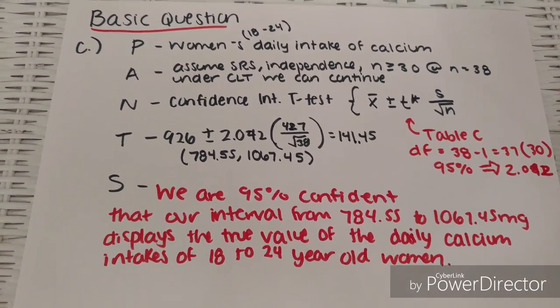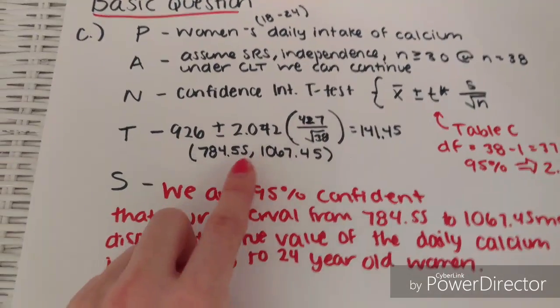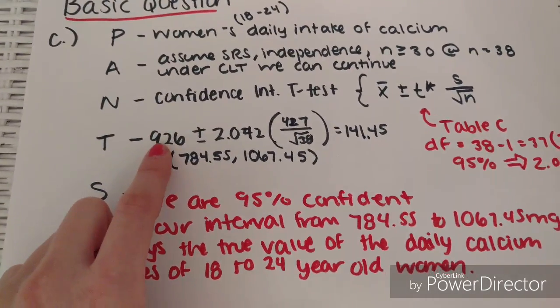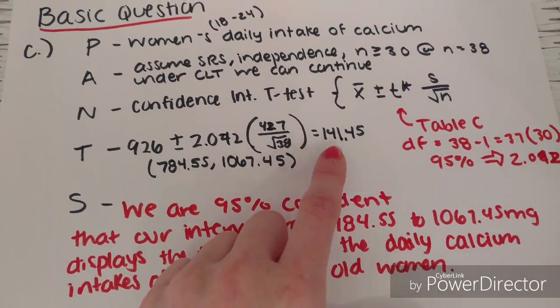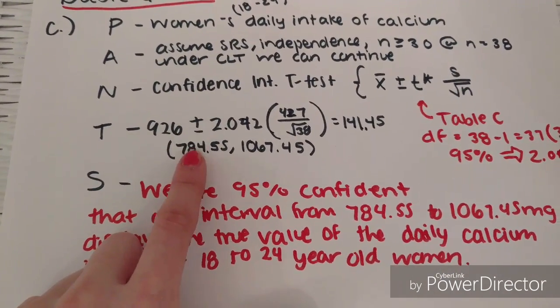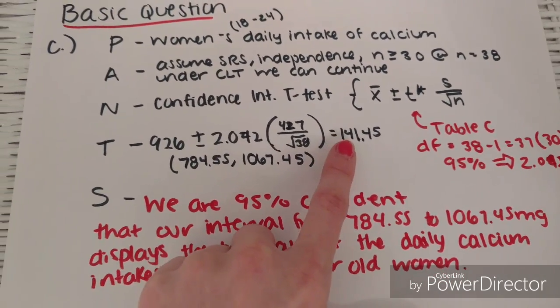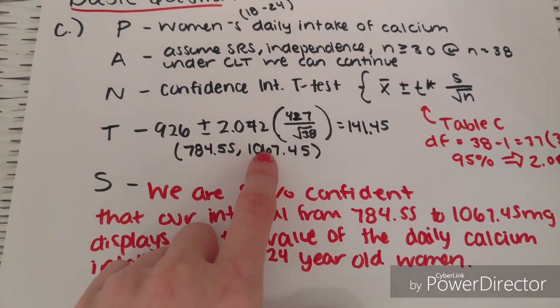So from that, we would get our x-bar plus or minus this value to give us this interval: 926 minus 141.45, and 926 plus 141.45.